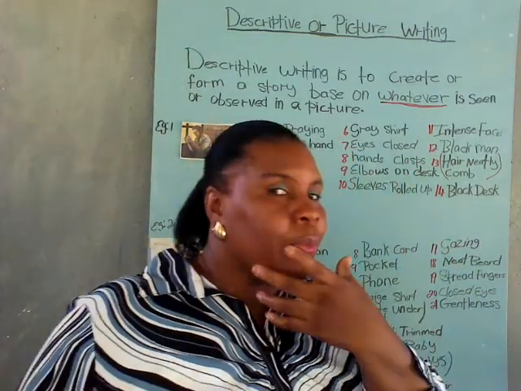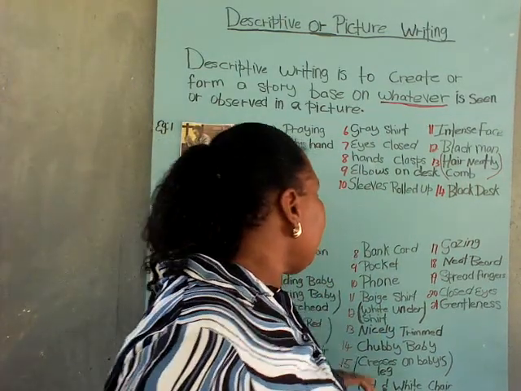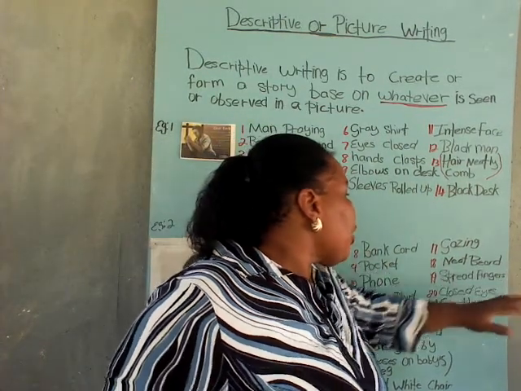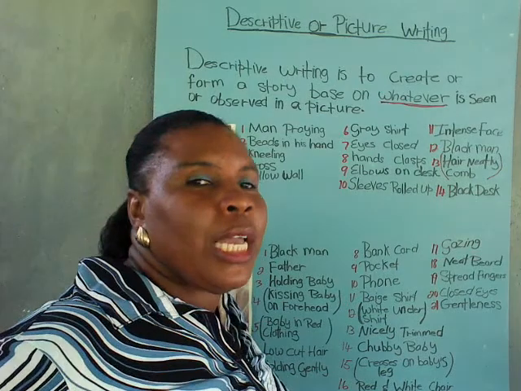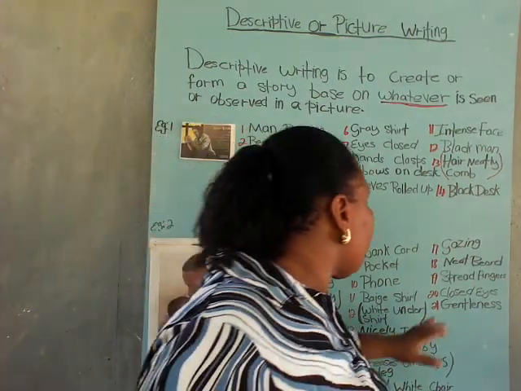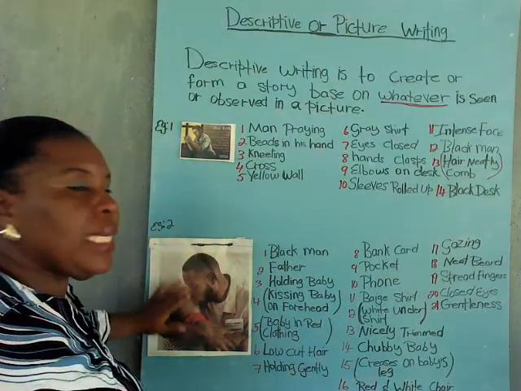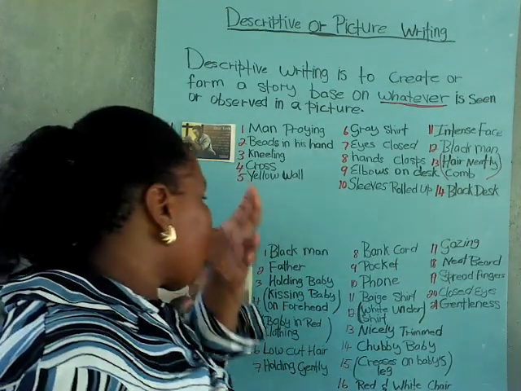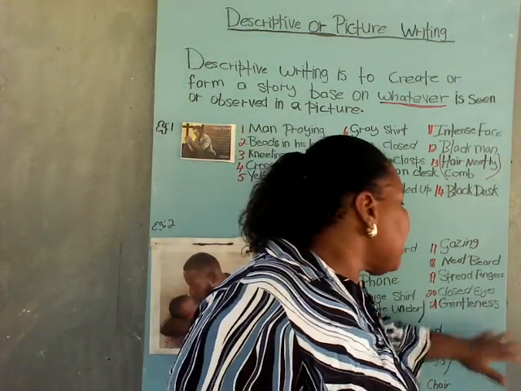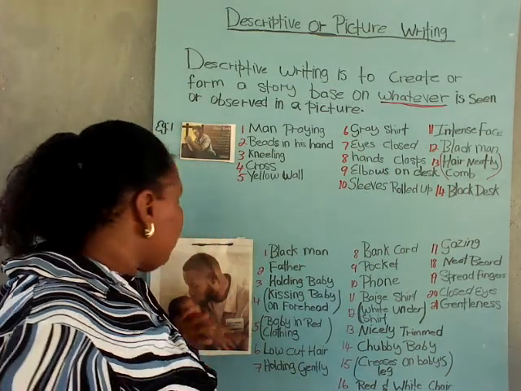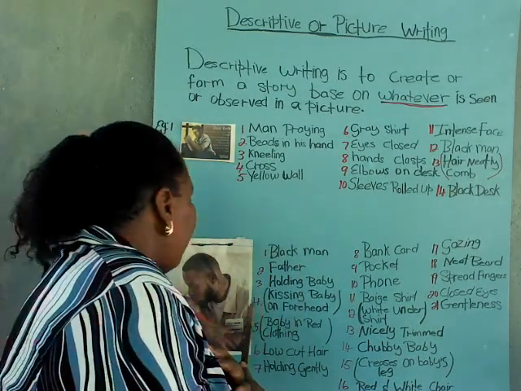Neat beard. He has a neat beard. Spread fingers. His fingers are spread gently against the baby's buttocks. Closed eyes. His eyes are closed while he's kissing the baby. Gentleness. From the look of the picture, you see a lot of gentleness, all right?